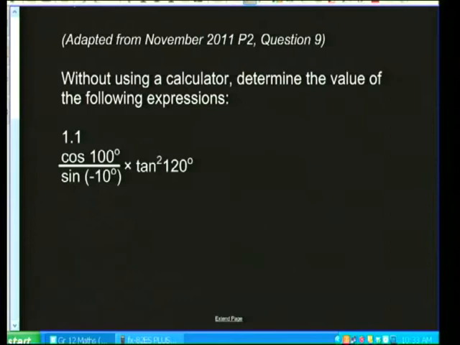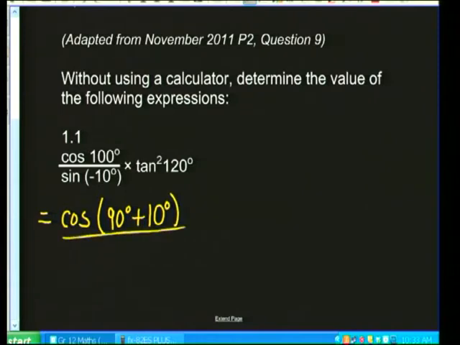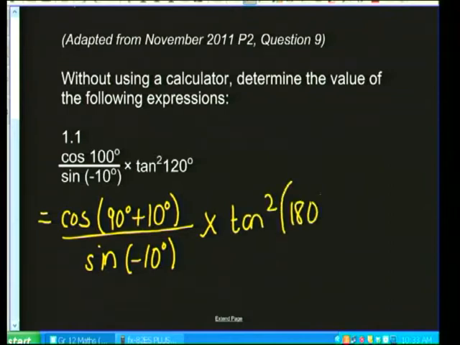Cos 100 degrees over sine negative 100 times tan squared 120. Now cos 100, we can use 90 degrees plus 10 degrees. Sine negative 10 stays as it is. Tan squared 120 will be tan squared of 180 minus 60.